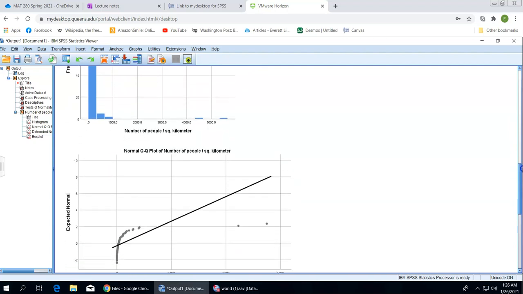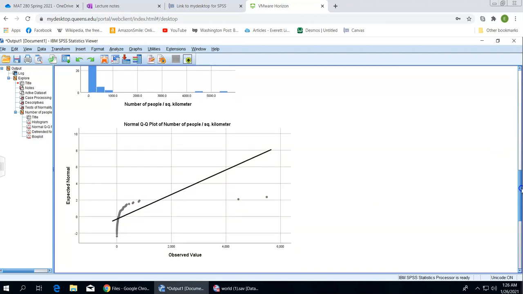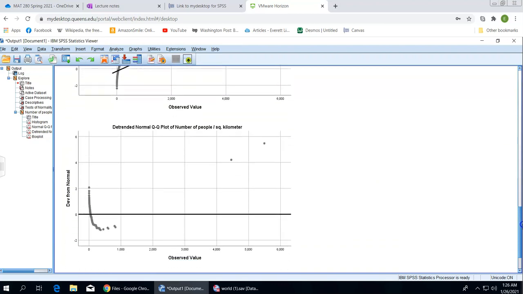But here's our normal probability plot. If this data had followed a normal distribution, we would expect to see all of these points roughly on this diagonal line that they've drawn here. But that's not even close to normal. So that's what we see in the normal probability plot.